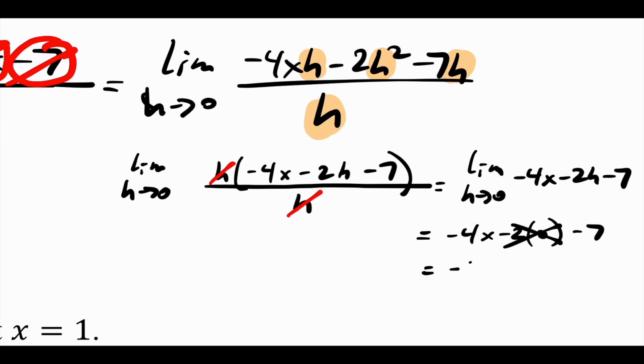That leaves negative 4x minus 7. That is the derivative equation.